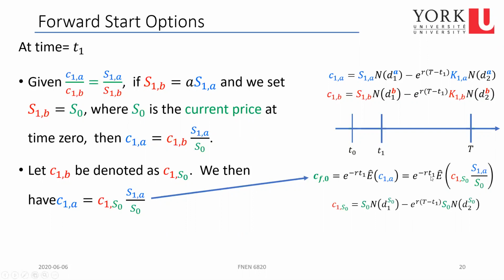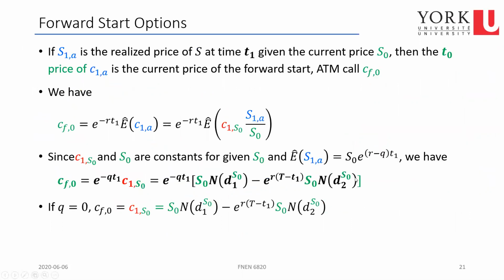And discounting it back, and we can get the current call price of the forward starting call. So if we do the expectation here, we just pull them out because they're constant. So they have this value divided by S naught, you can just pull them out.